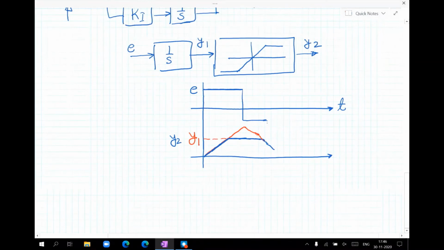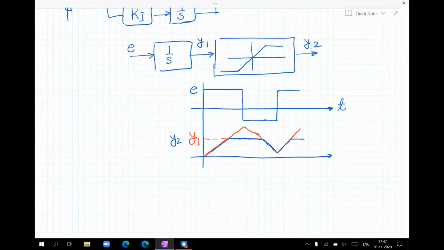After some time, let's say the error has become positive again, y1 will start increasing, and y2 will follow y1 up to this point. After that, it will limit again, but the output of the integrator will keep on integrating. So this problem of integrating, even though the output of the saturation block is limited, is called windup, integrator windup.